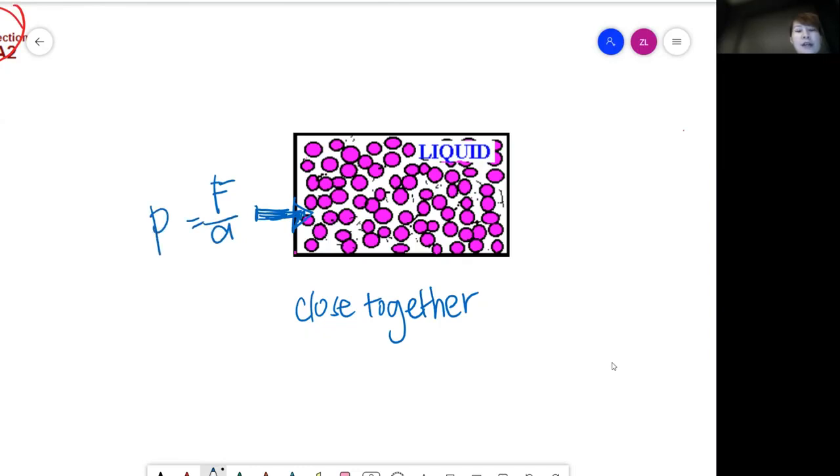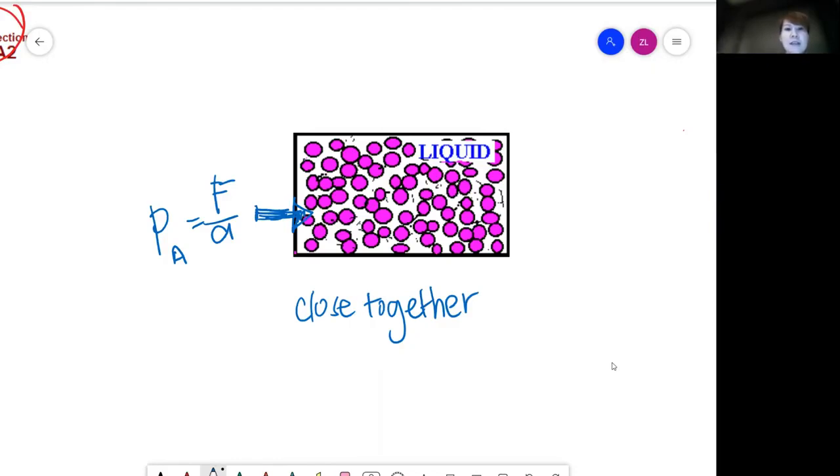So the pressure at A, let's call it PA, will therefore be transmitted equally throughout in all directions, simply because the molecules are very close together. So when you push on one end, the force gets transmitted and it pushes the neighboring molecules as well. And this has a domino effect.